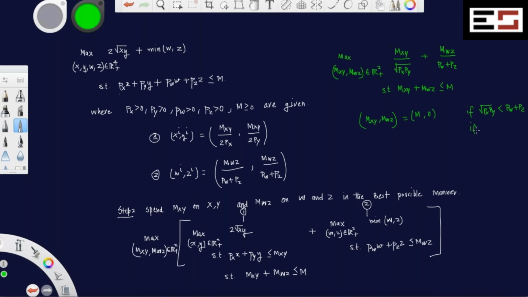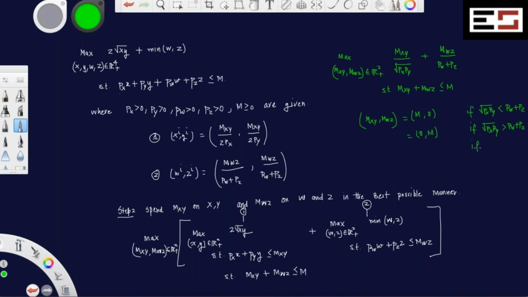Okay, and if root pxpy is bigger than pw plus pz, then in that case it's just the opposite, which is 0 comma m.